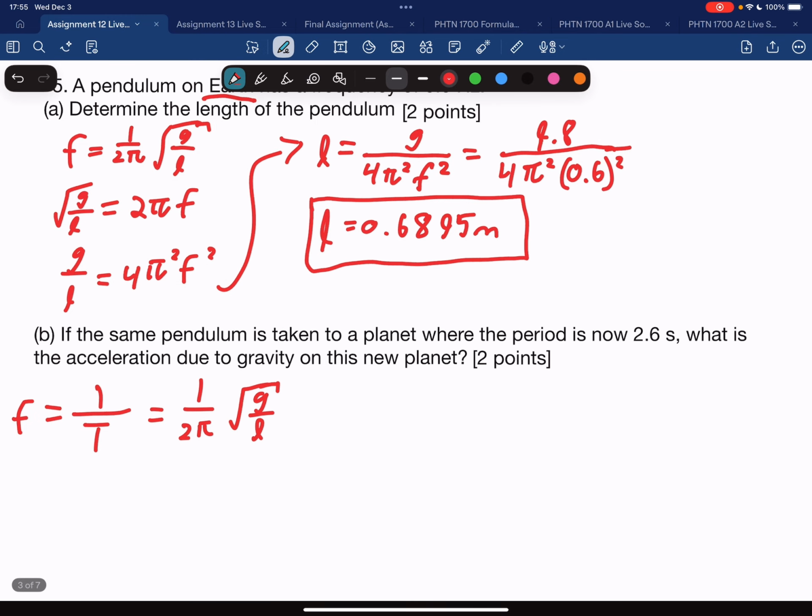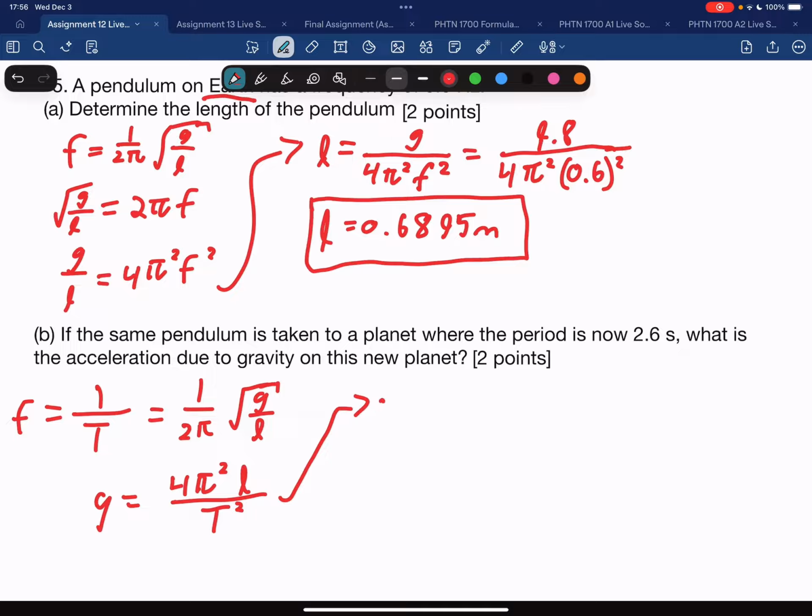And now I'm going to essentially do the same thing where I solve for g, skipping a couple of steps. g is equal to 4 pi squared L over T squared.